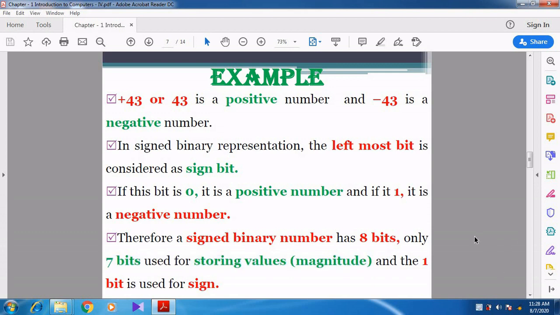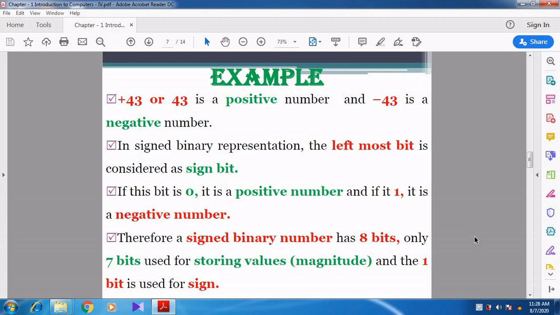Right, we can see the example. So very simple. Whenever there are 8-bit binary numbers, 1 bit is used for representing the sign bit, and the other 7 bits are used to store the values. The leftmost bit, called the MSB, is otherwise known as the sign bit or parity bit.